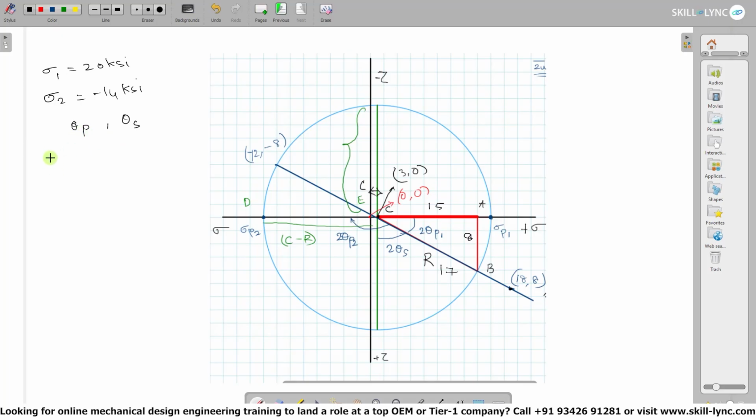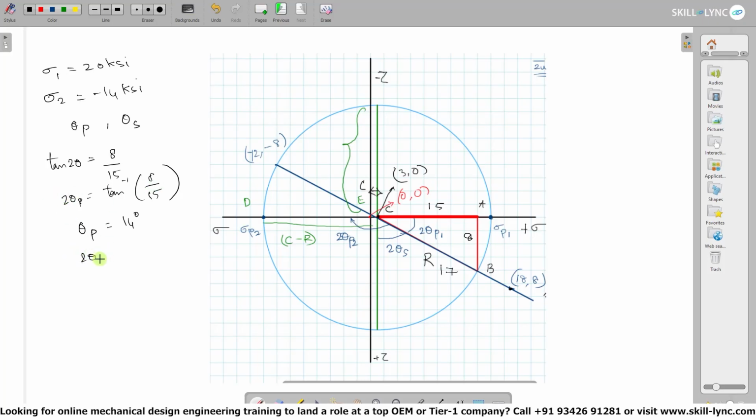So for theta P, we have the equation tan 2 theta P equals opposite by adjacent. So it's going to be 8 by 15, and 2 theta P is equal to tan inverse of 8 by 15, and theta P is equal to 14 degrees.